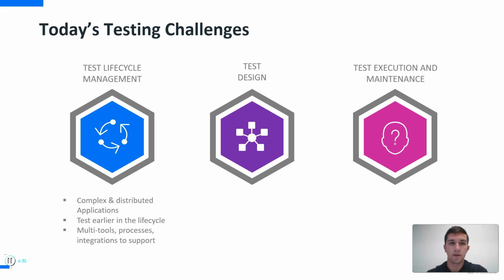And with the lifecycle management, the kind of challenges that you come into is that now we've got these complex and distributed applications. We need to test earlier in the lifecycle, and then we also have a variety of tools that we need to run these tests, or to create these tests, or to document these tests that are being run on. And then on top of that, integrations that need support in order to support our lifecycle management tools.